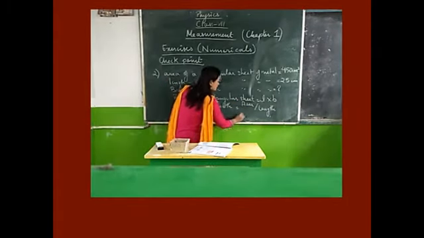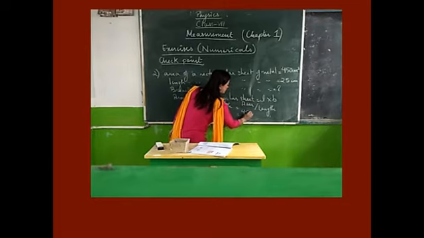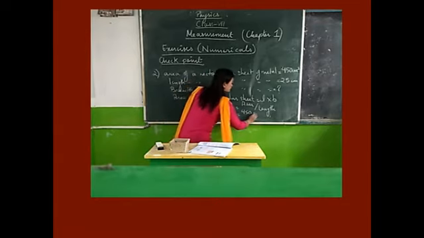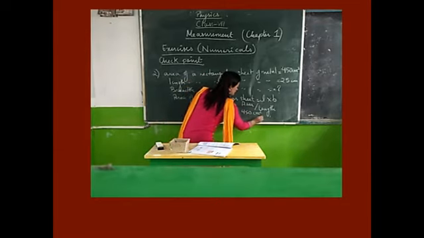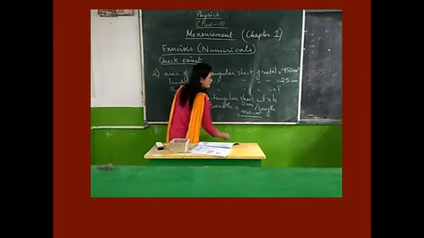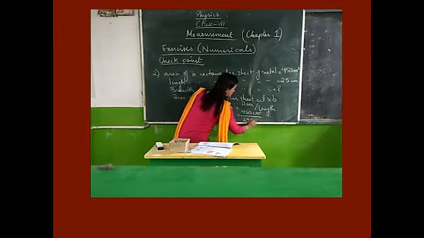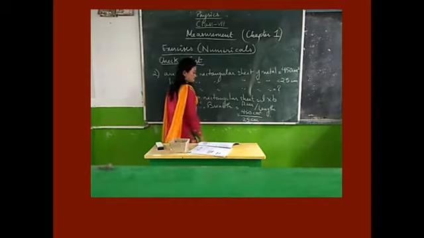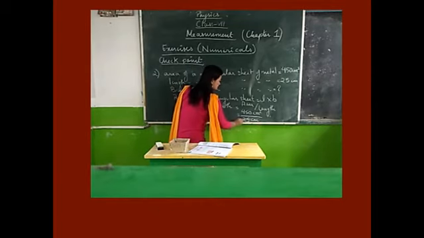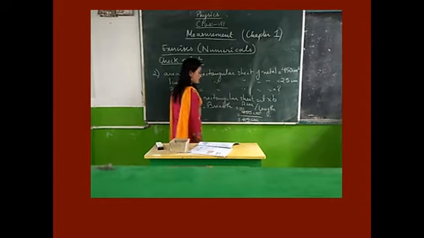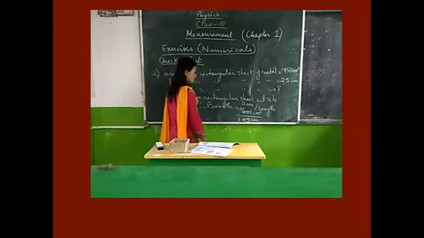And how much is your area given? Area is given as 450 centimeter square, and your length is given as 25 centimeter. So you do the cancellation. Five times 25, 5 nines are?